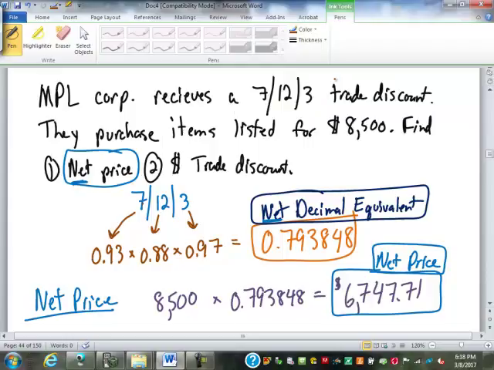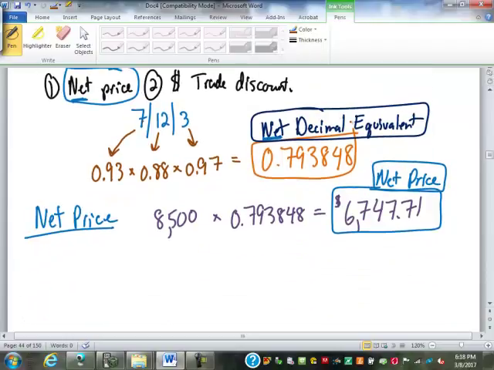But wait, there's more. To find the discount, now I realize we could just take 8,500 and subtract, but we're going to go the long way so that we can use that as a double check. To find the discount, we're going to find that single discount equivalent.